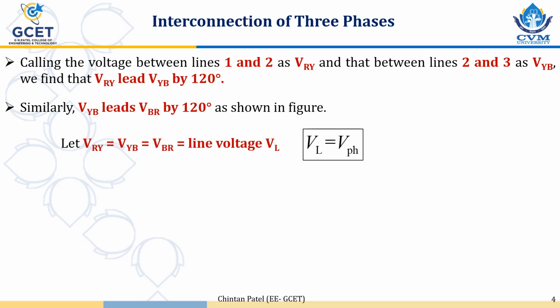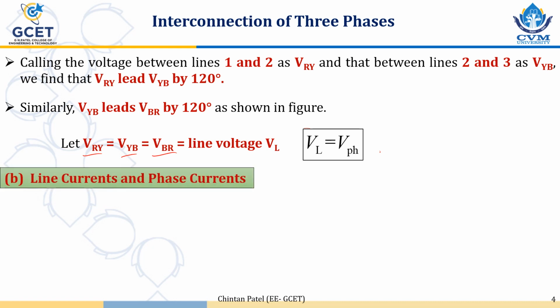Here we have written VL is equal to V phase. So this VRY, VYB, VBR are line voltages, and it is denoted by VL, whereas ER, EY, EB, they are the induced EMF in the three phases, and line voltage is equal to phase voltage.